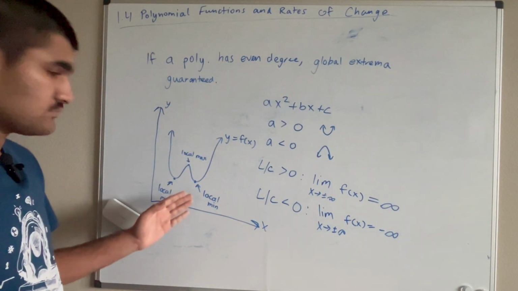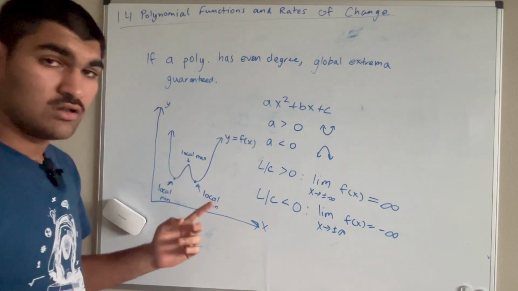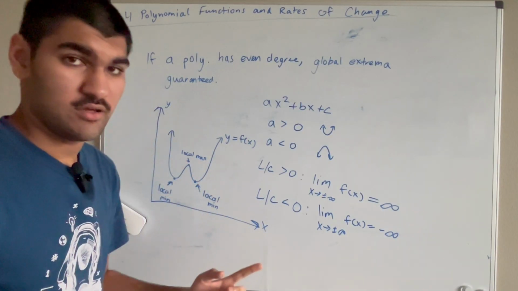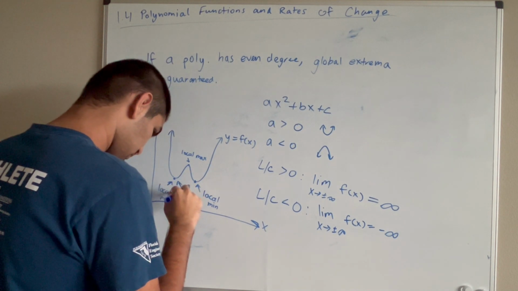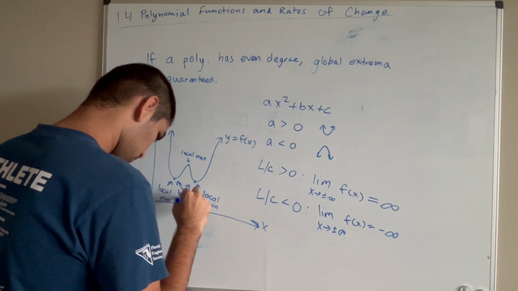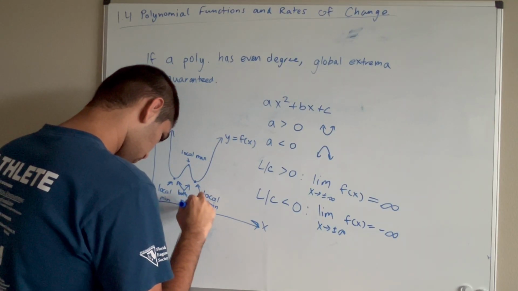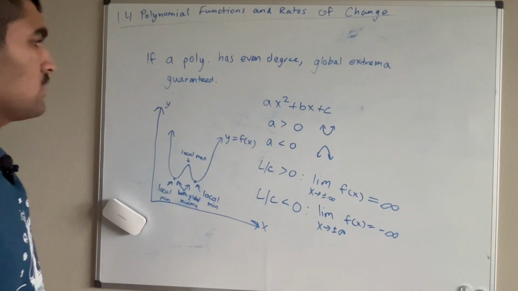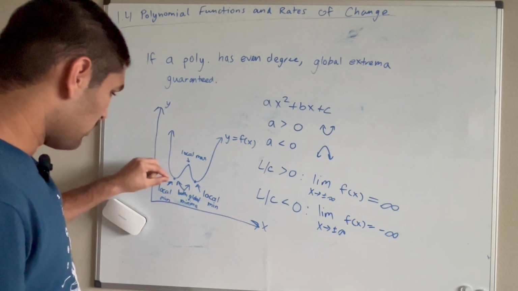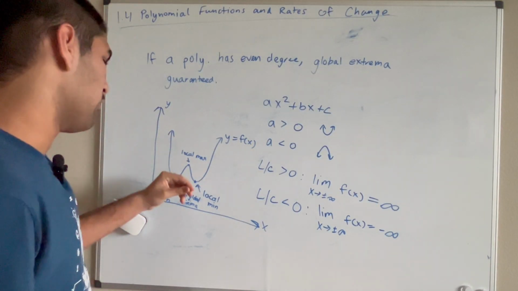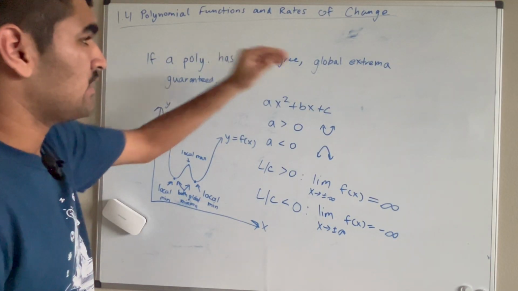So then, which one of them is a global extrema? Well, as a matter of fact, both of them in this case would be global extrema. So I'll say both global extrema. And so that's why, and these are the only two cases that are possible, right? Either one is less than the other, or they're both equal. And so that's why, if a polynomial has an even degree, then the global extrema is guaranteed.